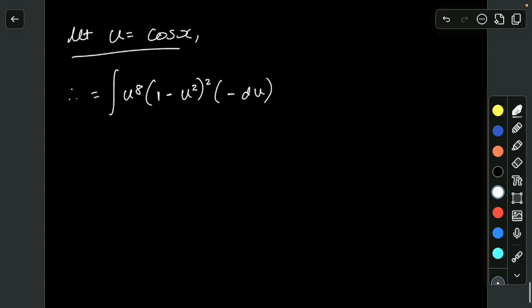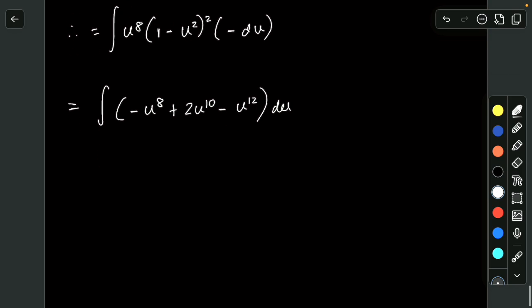And then we can expand it. We're going to get minus u^8 plus 2u^10 minus u^12 times du.